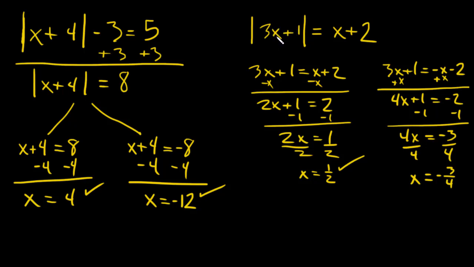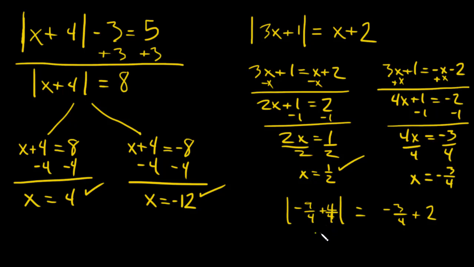Okay, so wait, did that work right? Let me make sure I did that right. Negative 9/4 plus 1, and then the absolute value of that equals negative 3/4 plus 2. Okay, so this is going to be negative 9/4 plus 4/4, which is what that would work out to be.